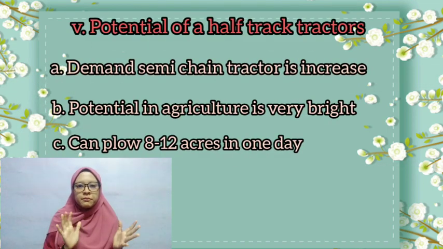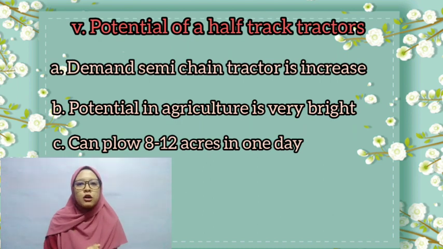The fifth part is the potential of a half-track tractor. Demand for the semi-chain tractor is increasing. This is because some farmers think that their hard pan field is getting better when using this tractor.